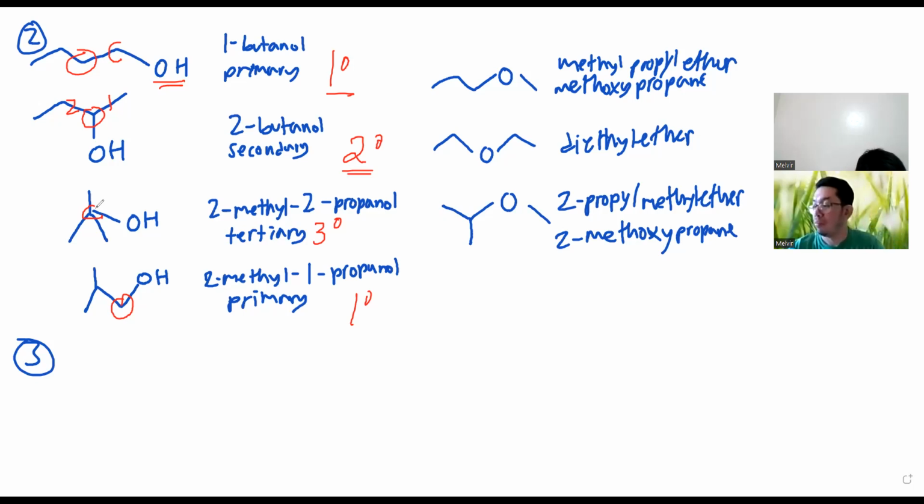Okay. So, gagana po siya kung may double bond, or single bond lang? Hindi ko alam sa'yo. Sige, malay mo, try mo kung may double bond. 1, 2, 3, 4.